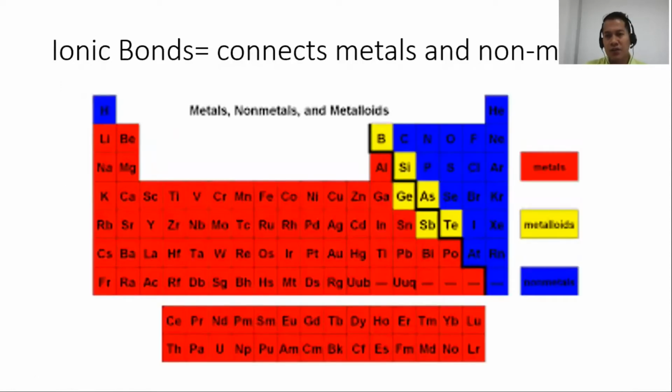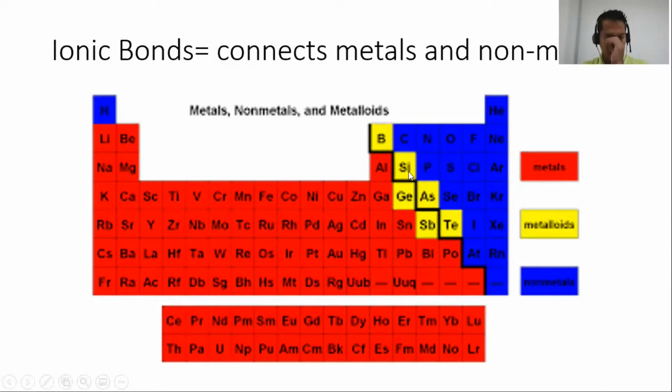If we look for them in the periodic table, the metals are here. The metals are the red ones, and the blue ones are the non-metals. We're going to set aside the yellow ones because these are all metalloids.